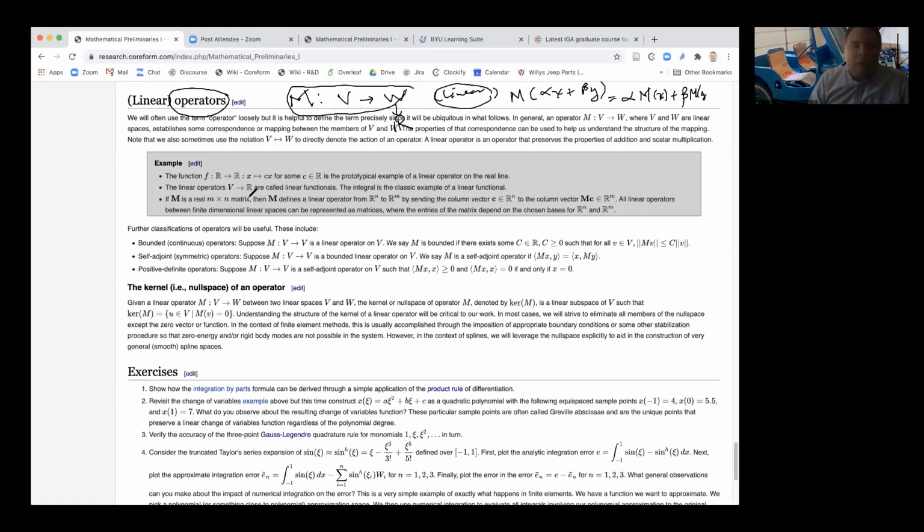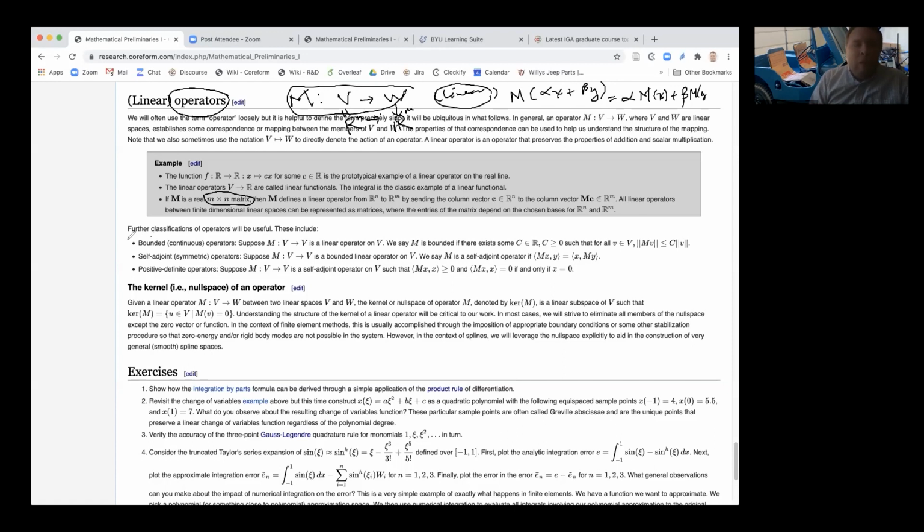Any matrix between two finite dimensional spaces, so now it'll be R^n to R^m, any matrix is by default a linear operator. This is important. It's a nice property we exploit.